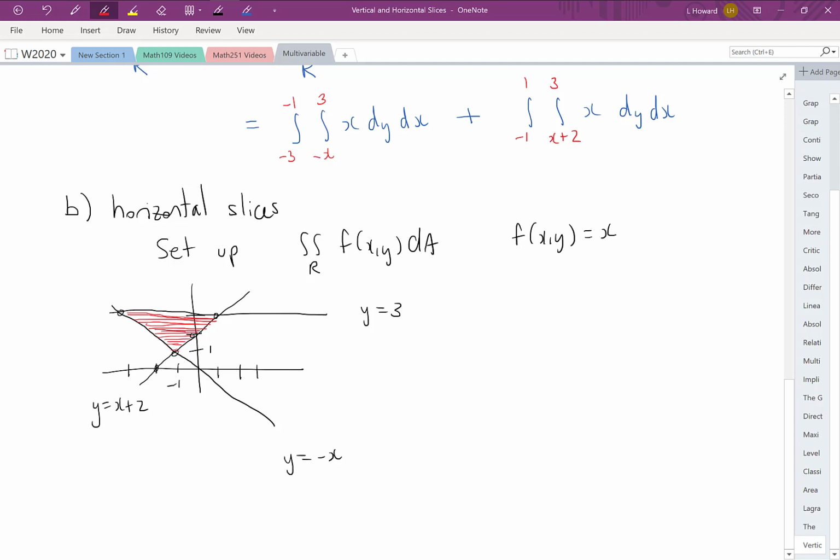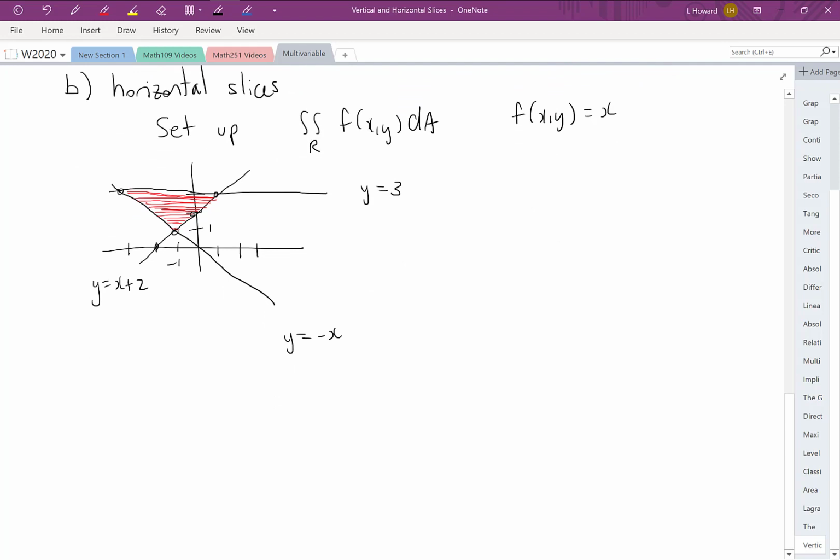When we do horizontal slices, we think about the x values first, and then we think about the y values. The reason is that if this line is moving horizontally, then we really want to say it's moving from its left endpoint to its right endpoint. So we talk about what's happening in the x direction first, and then we scan over the region as a whole and figure out what y values we're doing this process for.